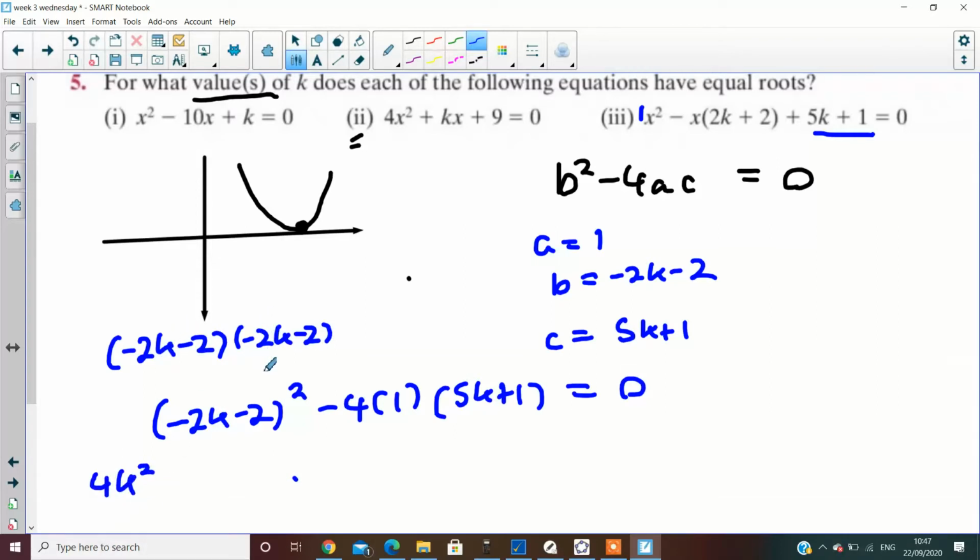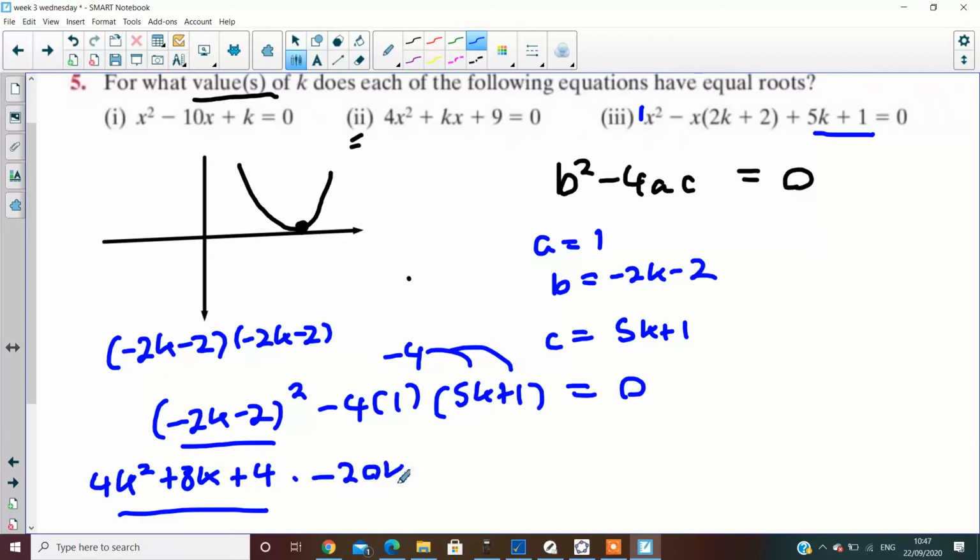That's 8k, double 4k, and you get 8k in the middle. And then 4 at the end. That's just that part there. Everybody cool with that? Now what happens then? What's minus 4 times 5k plus 1? Minus 20k take away 4 equals 0.